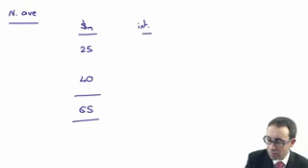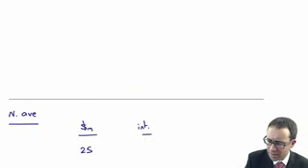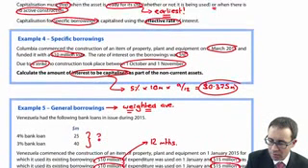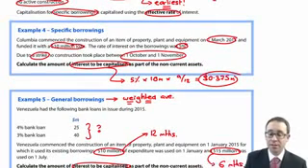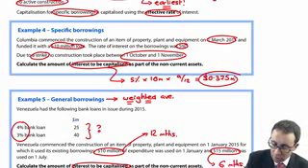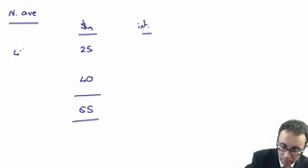The interest: was it 4% and 3%? Let's just check and get them the right way around. Yes, 4% and 3%, you can see it at the bottom. So 4% on the 25 and 3% on the 40.